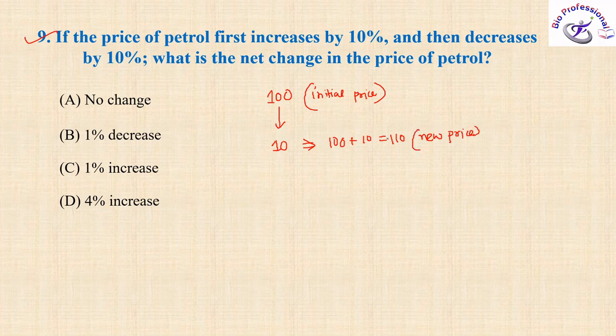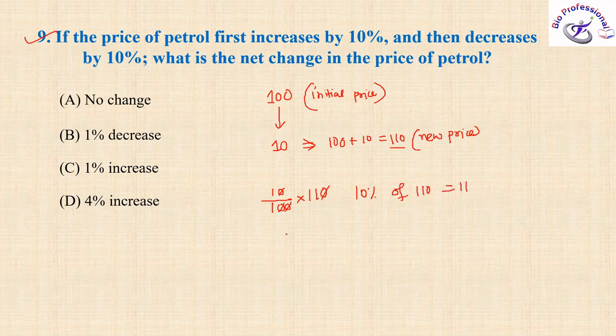Now, if you decrease 10% of this value, what is 10% of 110? If you delete this 0 and this 0, it remains 11. So 10% of 110 is 11.